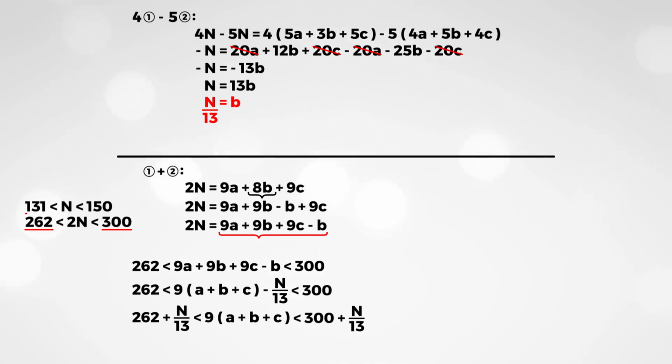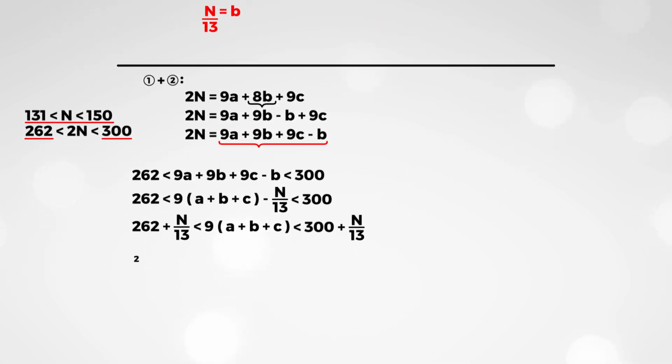Well, n is between 131 and 150. So for 262 plus n, the lower limit is 131. And on this side, the upper limit of n is 150. All right? And of course, we have 9 times (a plus b plus c), like that.